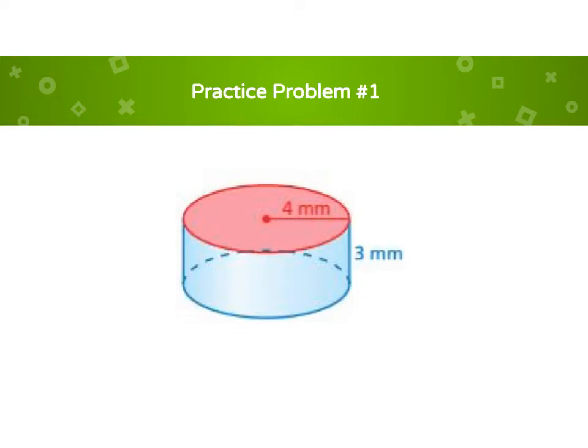Okay, so let's go ahead and give this problem a try. So I always write the formula, even though I've been doing this for a really long time, I still write the formula just so I make sure I'm putting it in the right spot. So the formula, 2 pi r squared plus 2 pi r h. Great.